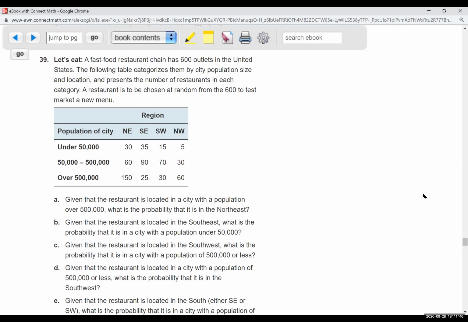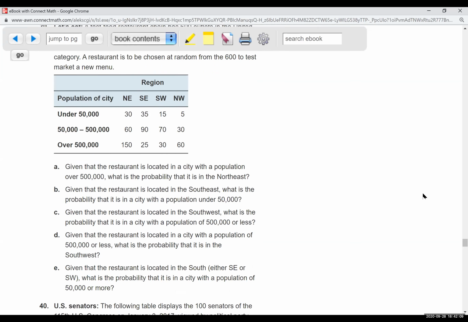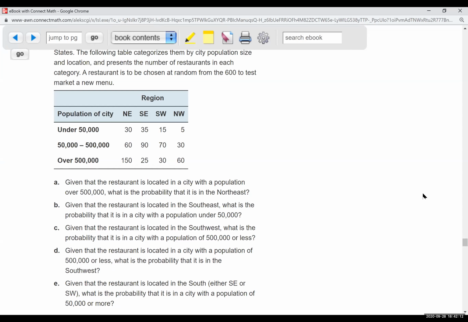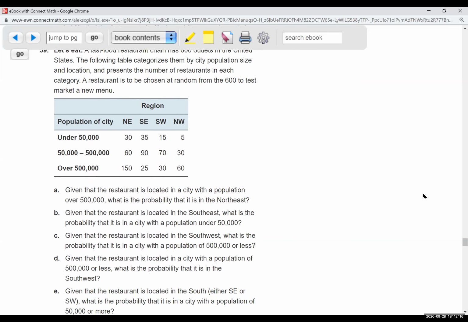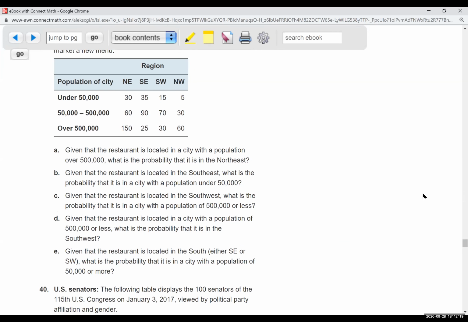A restaurant is to be chosen at random from the 600 to test market a new menu. So you have the regions, Northeast, Southeast, Southwest, and Northwest, and the population under 50,000, between 50,000 and 500,000, and over 500,000. Okay, so I want you to try to read this first and answer it on your own.